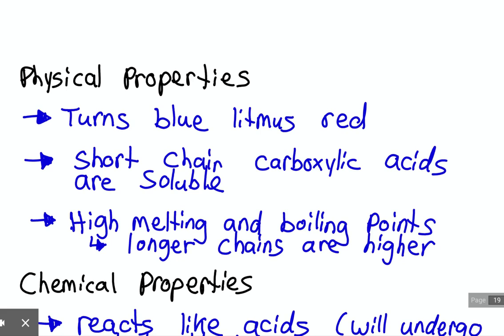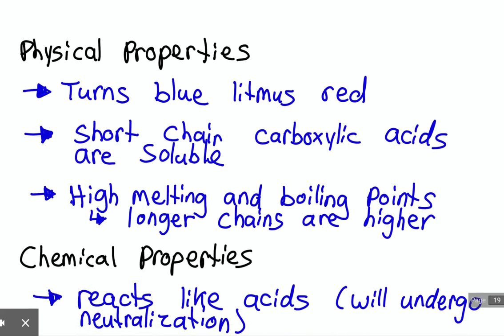And again, it has high melting and boiling points, and the longer the carbon chain, the higher those melting points will be. The high melting and boiling points are due to that very polar double bonded oxygen and hydroxyl group capable of hydrogen bonding.